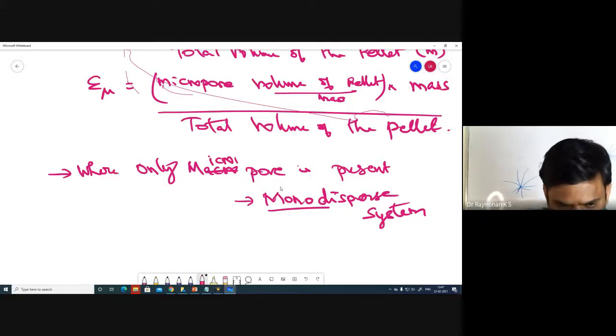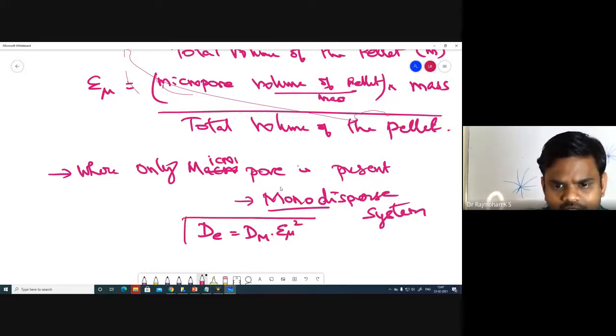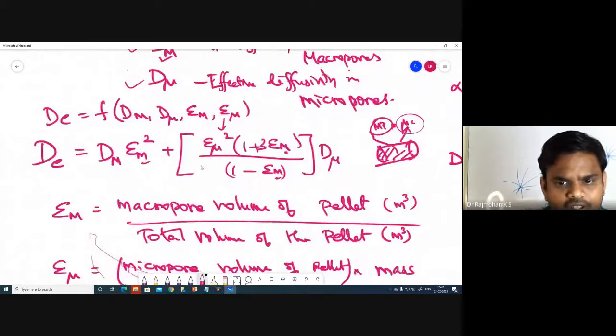In that case the above equation can be simplified as DE equal to Dm into epsilon m square. This is used for a monodisperse system, and if it is a bidisperse system, we make use of the full equation. Understood?